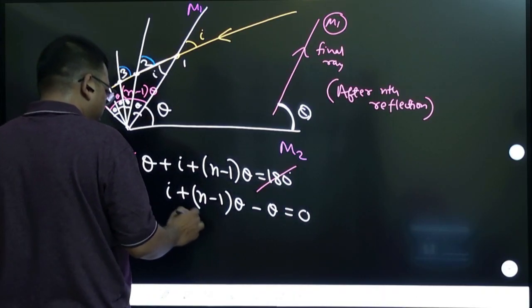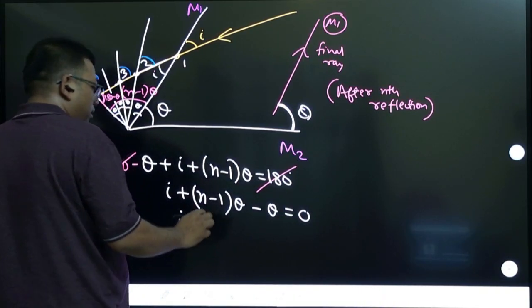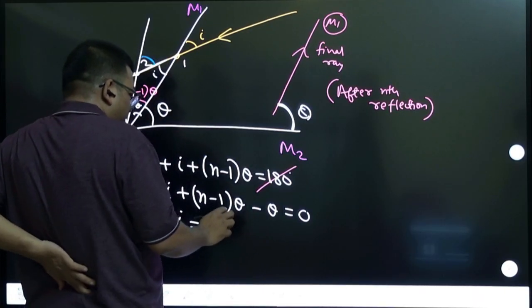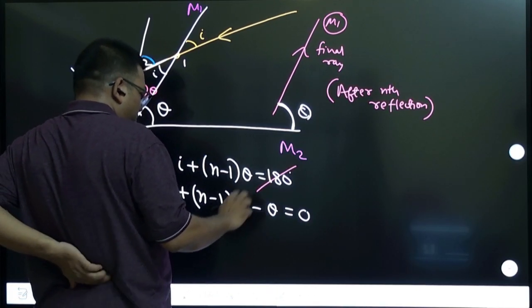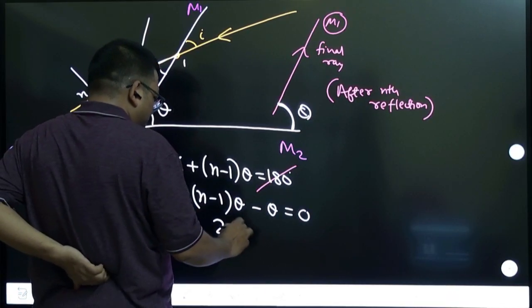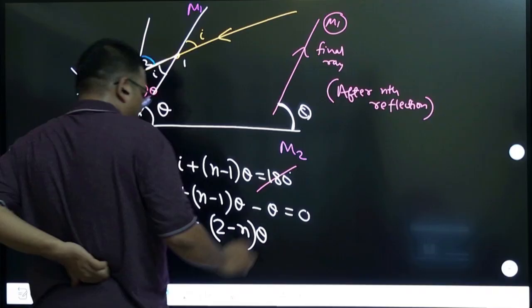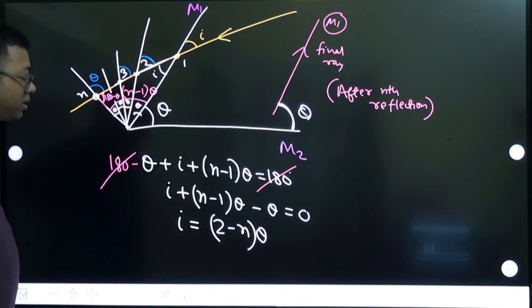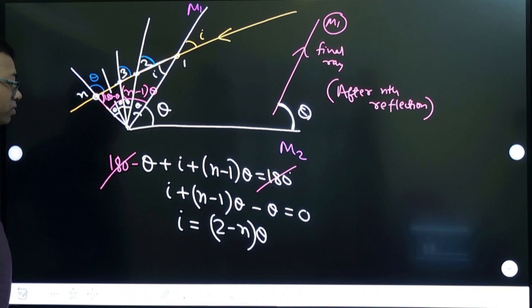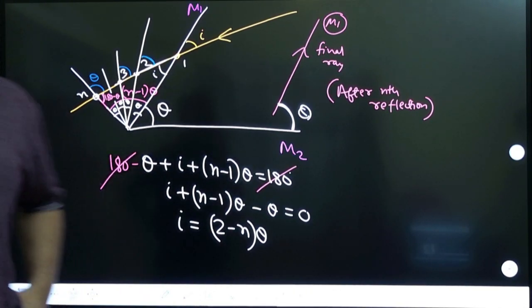Because that got cancelled. Then what will be I? I will be minus n minus 2 theta, so taking that side, it becomes 2 minus n theta. That means n will not be greater than 2. Maximum it will be 2, right? Is this condition correct or not?